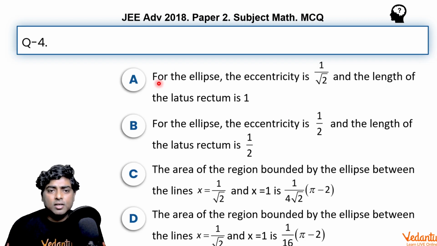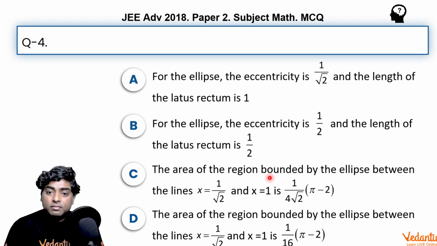Which of the following statements is or are true? There may be more than one option correct. In option A, for the ellipse, they are asking about the eccentricity, 1/√2, and the length of the latus rectum is 1. Option B, for the ellipse, the same thing is asked, but with different figures.